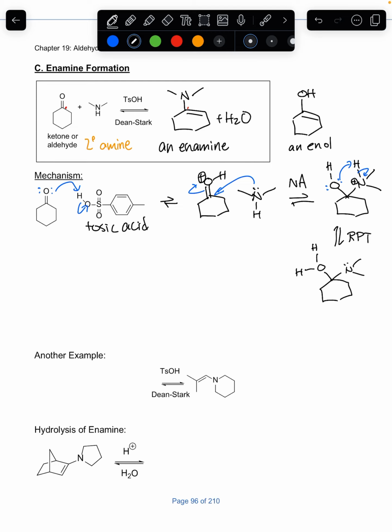Which means that sometimes that extra proton is on this oxygen, and at that moment that's being susceptible to being pushed off by the extra lone pair of nitrogen. And once that happens, by the way, I want you to notice up until this point, the mechanism is essentially identical to the imine formation.